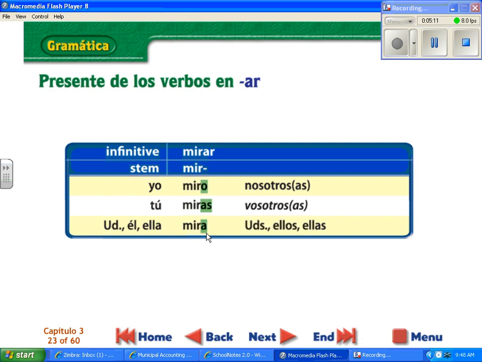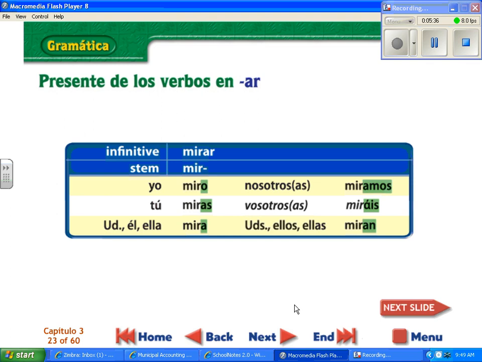Ella mira. Nosotros miramos. Vosotros miráis. Ustedes miran. Ellos miran. Ellas miran.